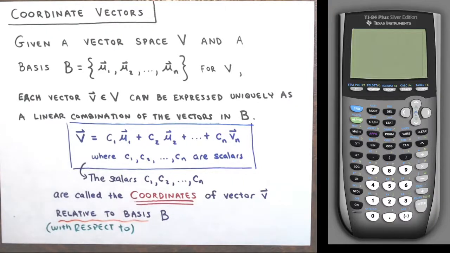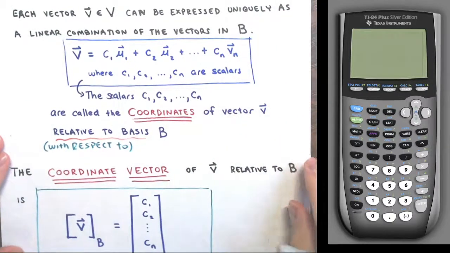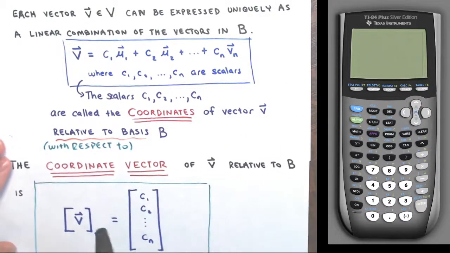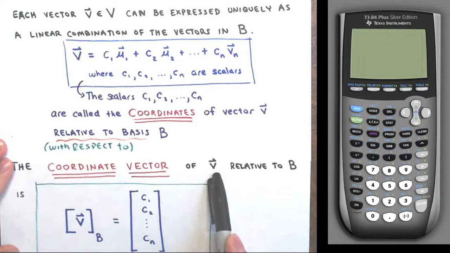And then once you know the coordinates, you form what's called the coordinate vector of the vector v relative to, or with respect to, basis B.